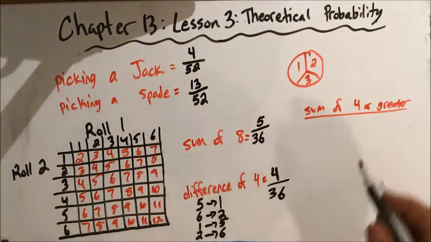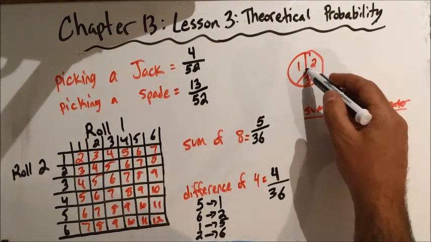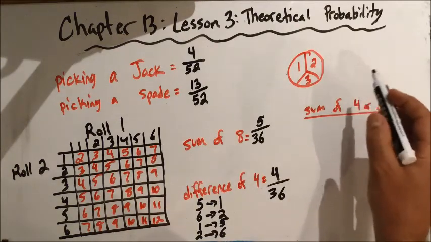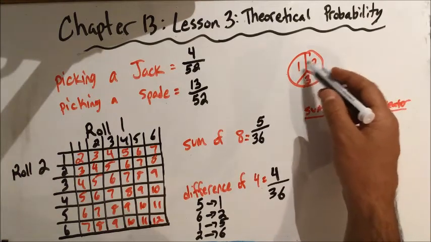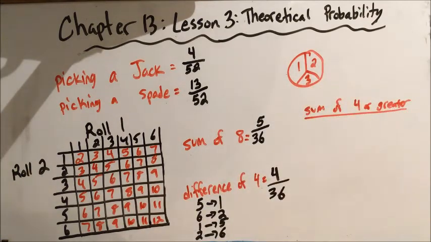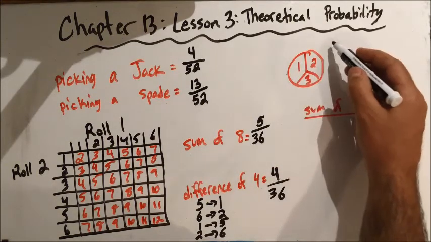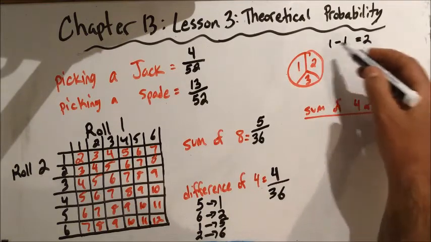The last example we're going to see is if I had a spinner. Let's say I was going to spin it twice, and I wanted to know, if I added the 2 numbers together, what totals can I get? If I spun a 1 the first time, I can spin a 1 the second time, which would equal 2.